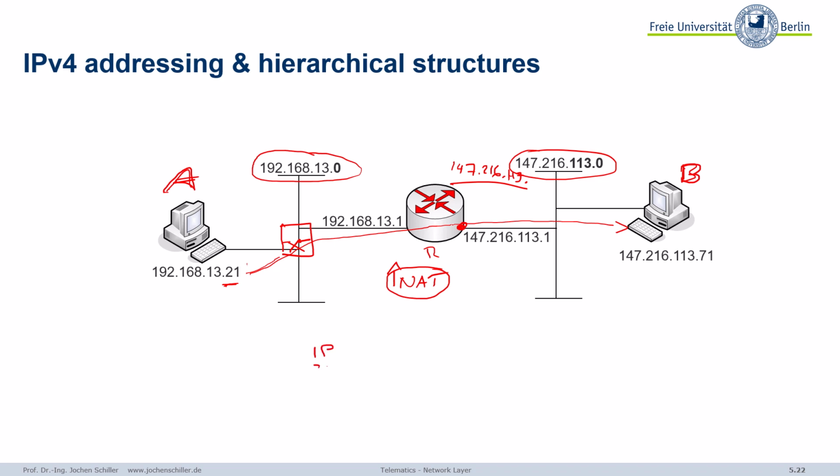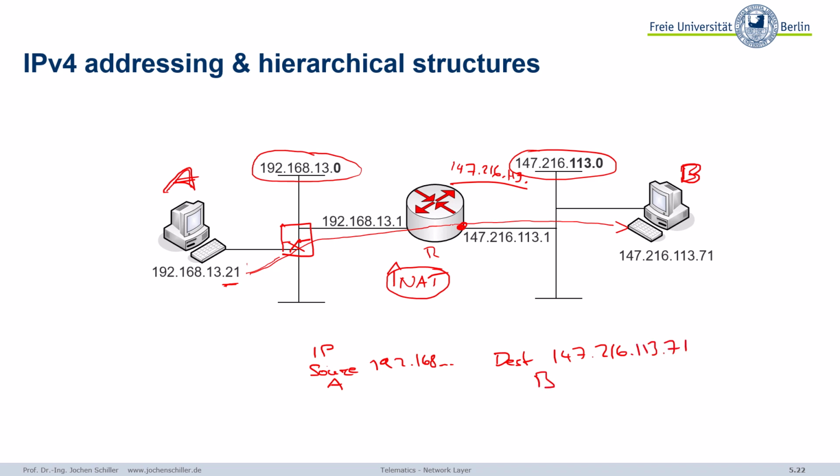We have a source. That's our A, and that has this 192.168 address. We have to do something with that. We have a destination, 147.216.113.71.